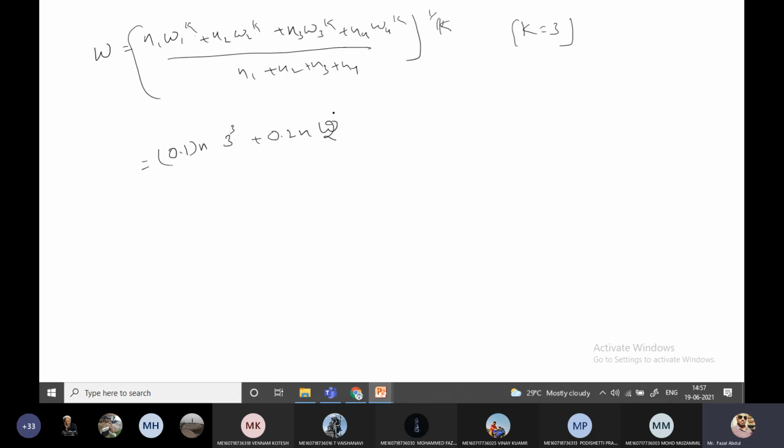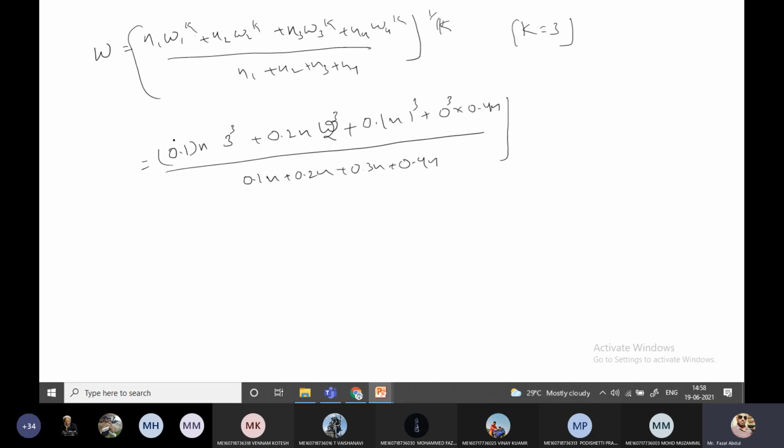So that is 2 to the power 3, plus 0.1 of the number of revolutions for the 1 kN load, and 0 into 0.4 of the number of revolutions. So 0, why? Because there is no load for the fourth condition, divided by N1, N2, N3: 0.1N plus 0.2N plus 0.3N plus 0.4N, power 1 by 3.